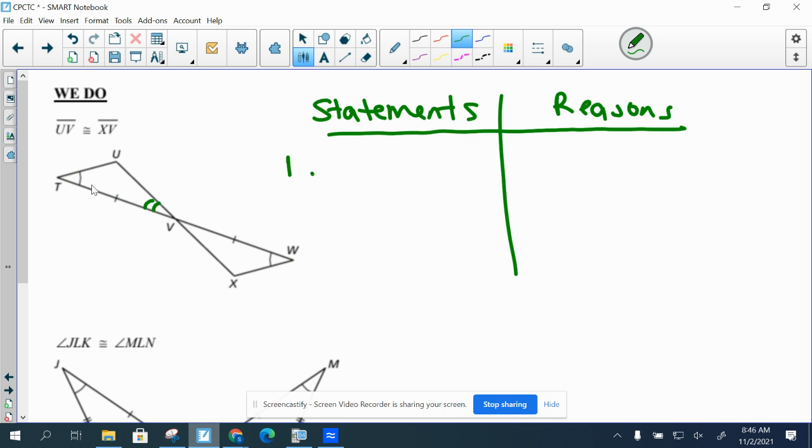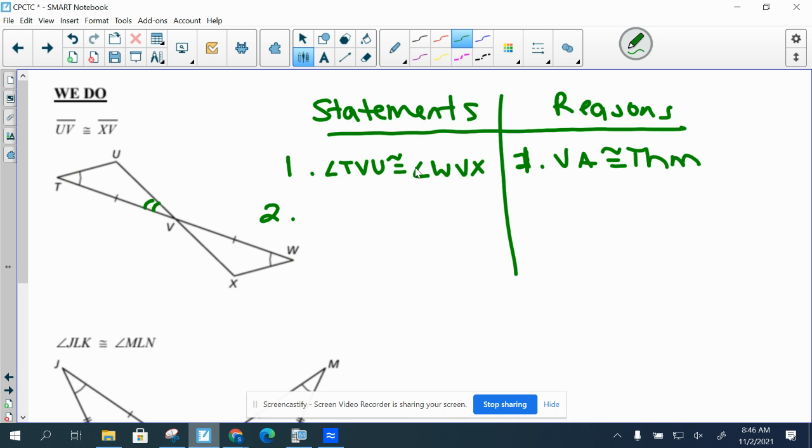So angle TVU is congruent to angle WVX, and that's because of vertical angle congruency. And then now we can see that the triangles are congruent.